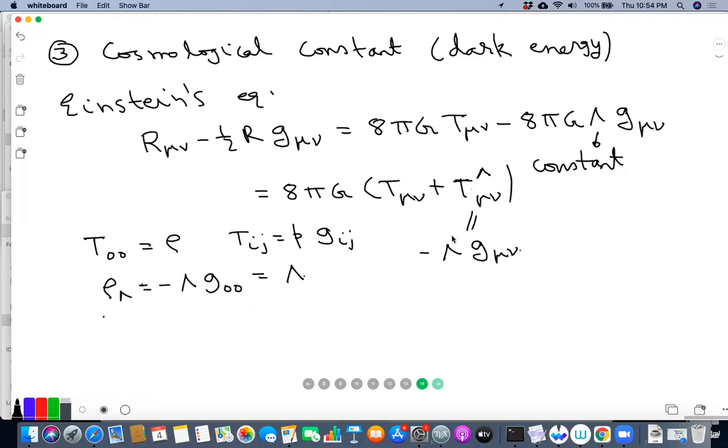Again comparing this, we see that P has got a new component. The pressure associated with the cosmological constant is minus Lambda. And this means that the equation of state that the cosmological constant satisfies is P_Lambda equal to minus rho_Lambda, because rho_Lambda is Lambda and P_Lambda is minus Lambda. So this is the equation of state for the cosmological constant.